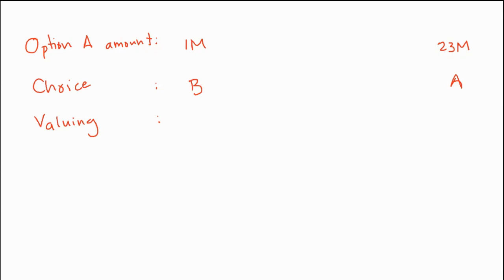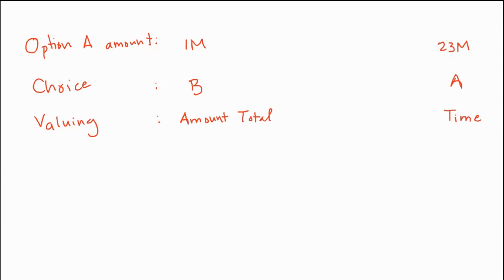So when you chose option B, when I put 1 million, the total amount mattered more for you guys, because the amount was just so much bigger when you chose option B than when you chose option A. Whereas here, you're valuing time a little bit more.